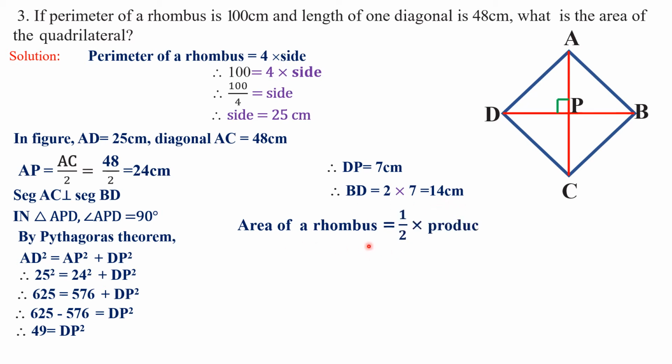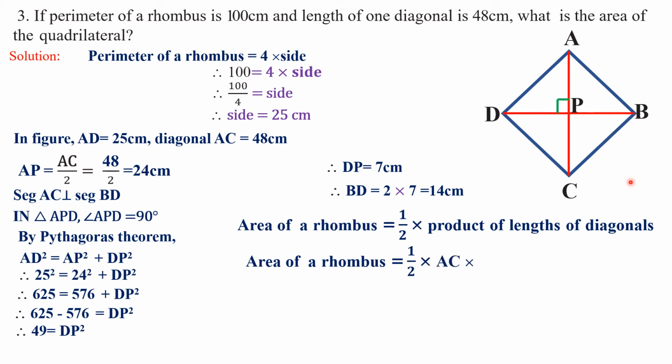Area of rhombus is 1 upon 2 into product of lengths of diagonals. Now substitute the values. Area of rhombus is equal to 1 upon 2 into AC into BD.